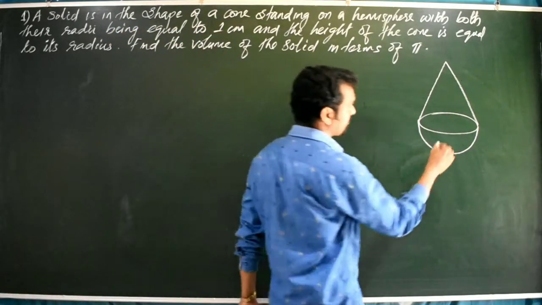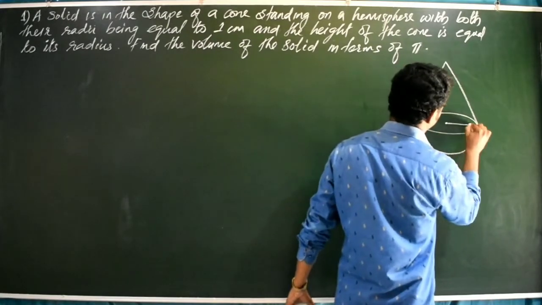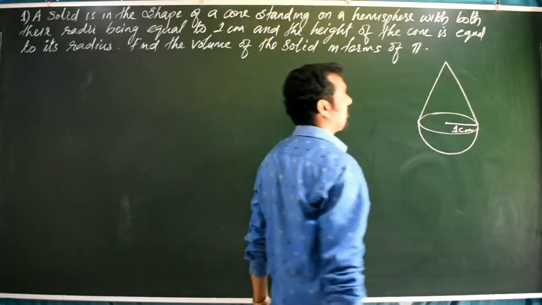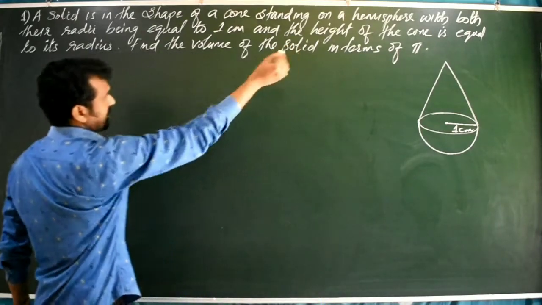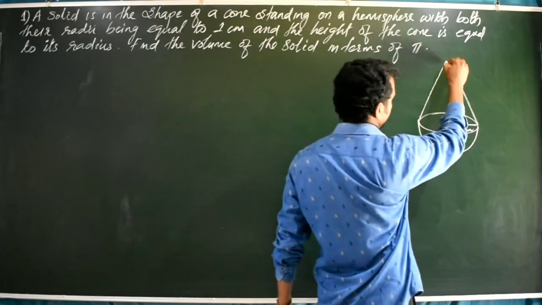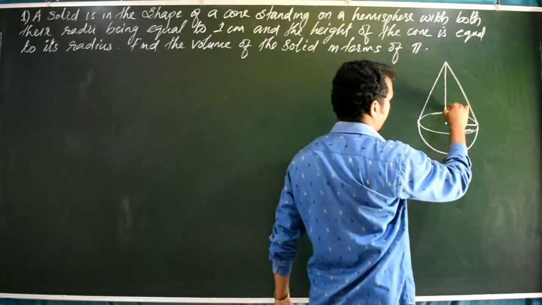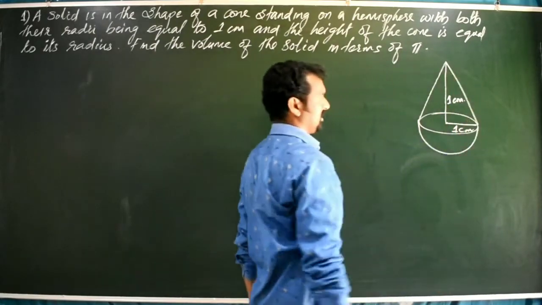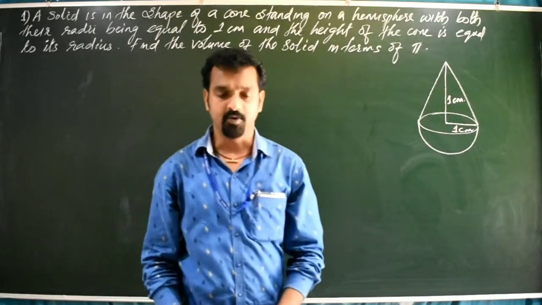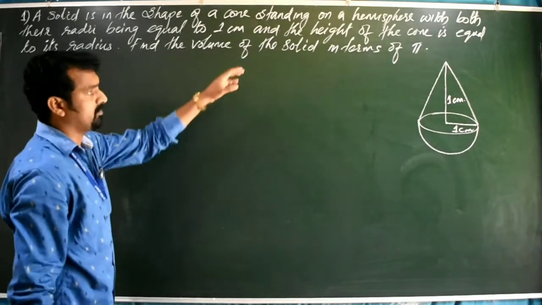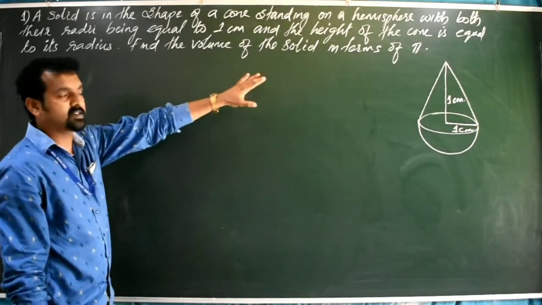The radius of the hemisphere is 1 centimeter and the radius of the cone is also 1 centimeter. The height of the cone is equal to its radius, so the height will be 1 centimeter. We want to find the volume of this solid in terms of pi. In terms of pi means we will not substitute the value of pi; in the answer, pi will be there.